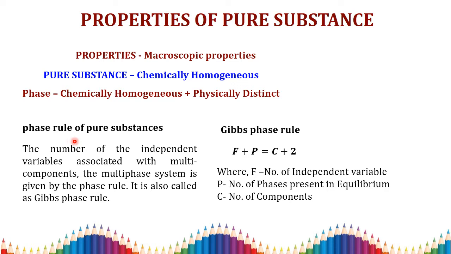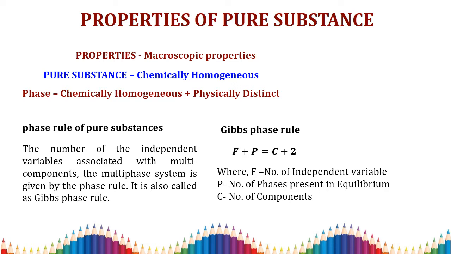The Gibbs phase rule gives the number of independent variables. F is the number of independent variables, P is the number of phases present in equilibrium, and C is the number of components. For example, here the number of phases is 2.